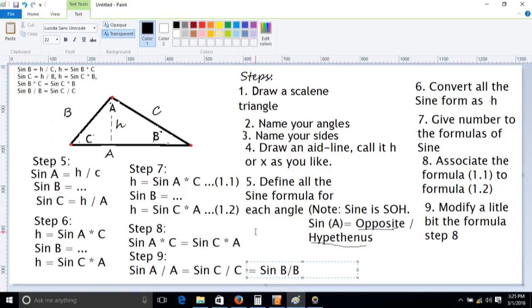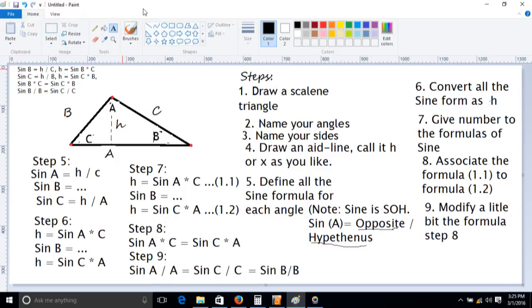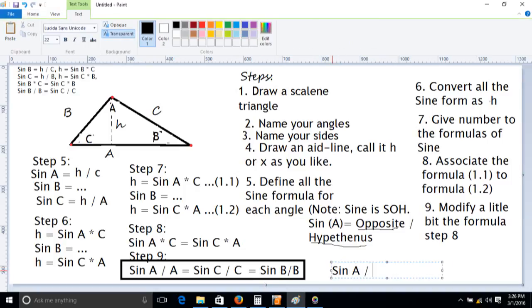If you see the order, sine B is last, so we need to reorder this equation. The equation will be sine A over a equals sine B over b equals sine C over c.